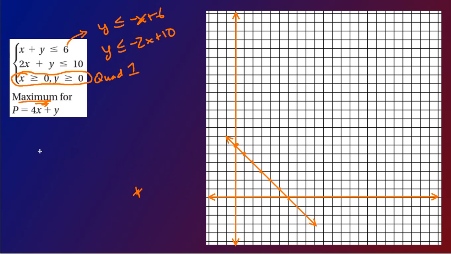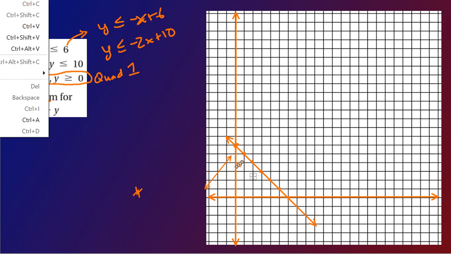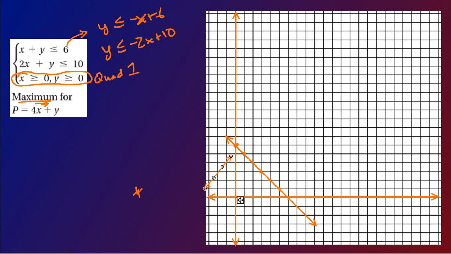And I will shade it on time this time. So this one's below. Nope, I did not want to do that. I want to use this tool. Okay, that's better. And then this one, at 10, I'll use a different color for that one.